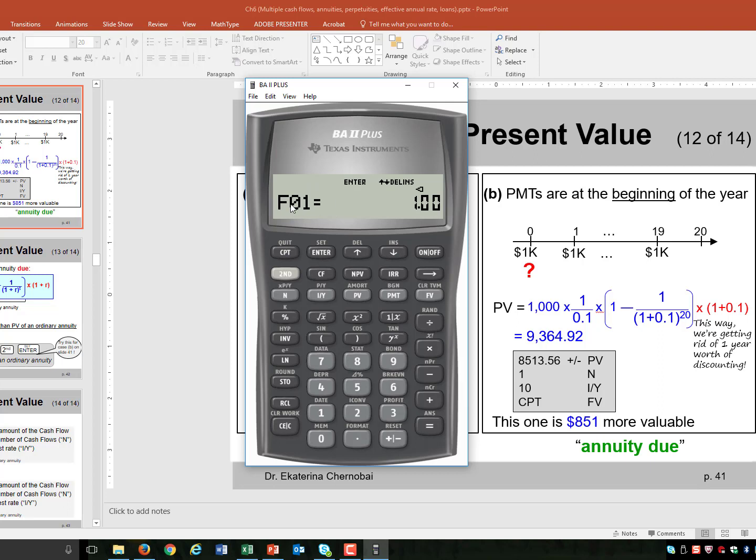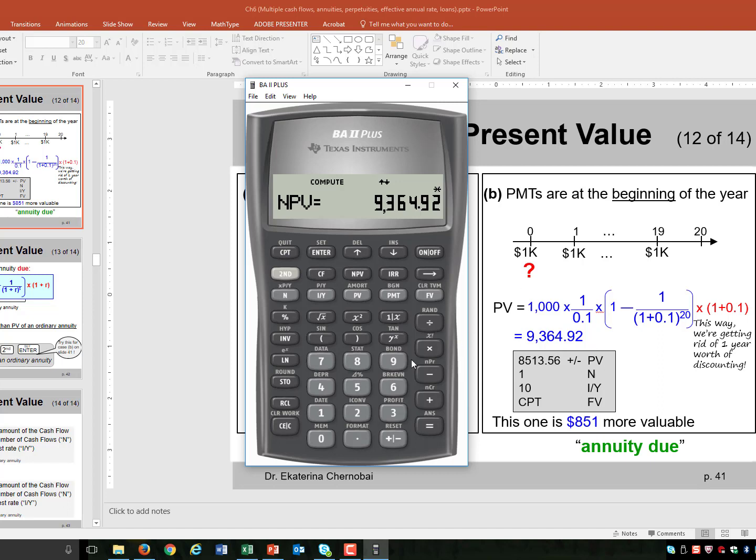How many times in a row will we have it? The right number is 19, because the 20th, we already took care of that with cash flow 0, right? There are 19 more left in the future, 1 through 19. So this is the right frequency. Enter, down, no more, you press NPV, the discount rate is 10%, 10, enter, down, compute. $9,364.92.